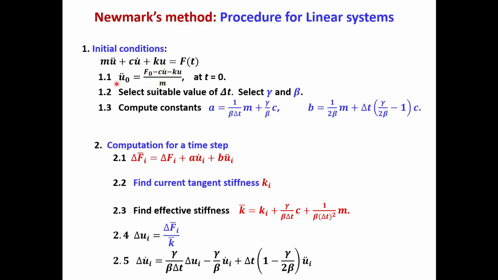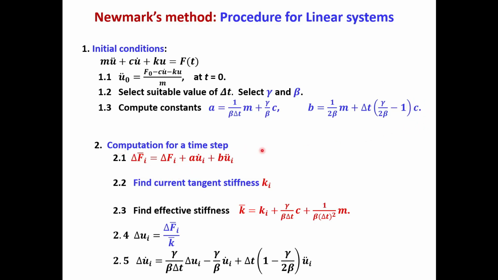If these are 0, then the initial acceleration will also be 0. Then we select a suitable time step size and select gamma and beta. That is, we want to select whether it is the linear acceleration or constant average acceleration method. As earlier, you calculate these two constants, a and b, and c is your damping coefficient.